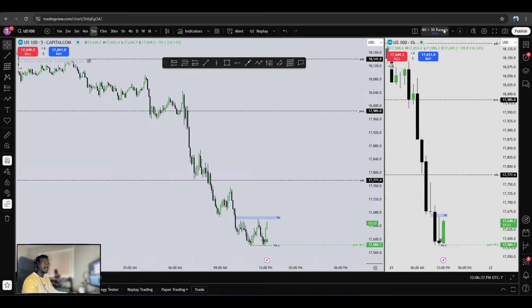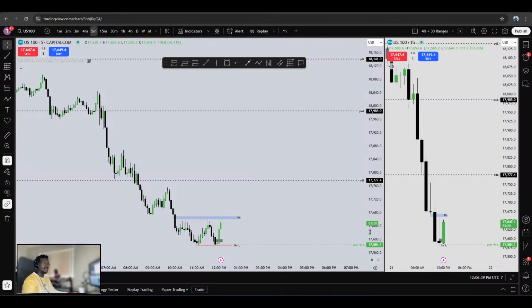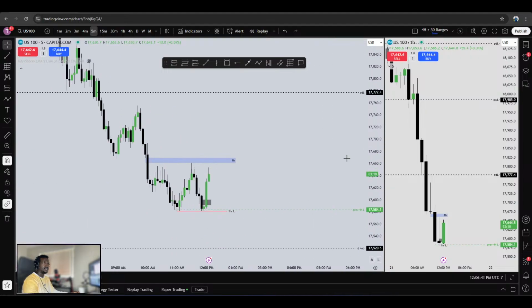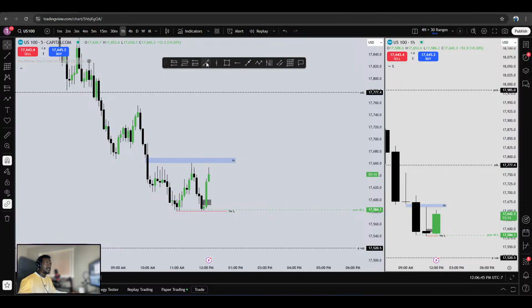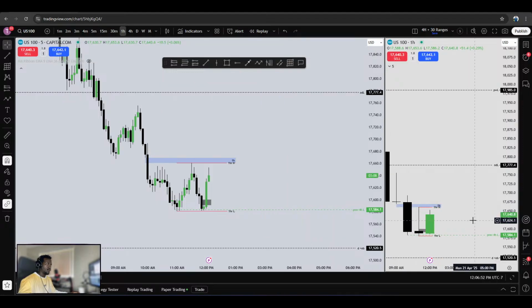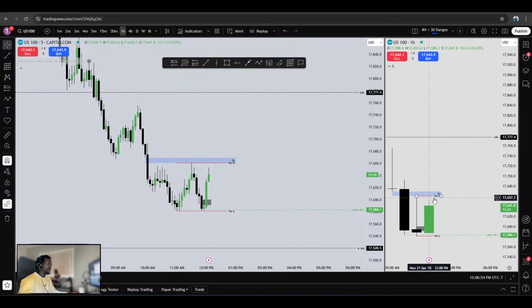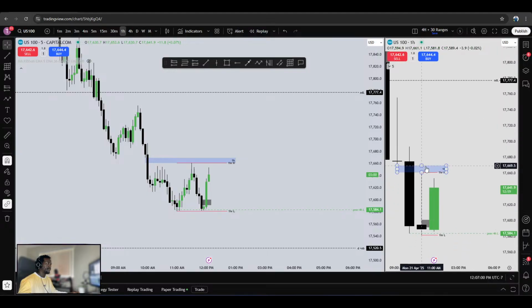I had those marked. They're not there anymore. So let's see how this goes. I didn't mark the 1 hour high for US100. Why is it not red? I know why. Blue plus red is black according to TradingView.